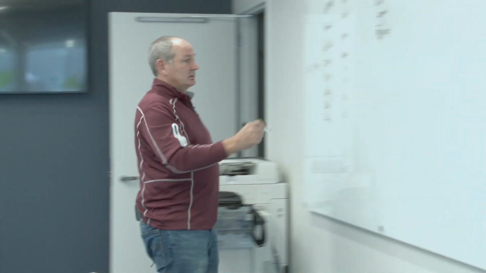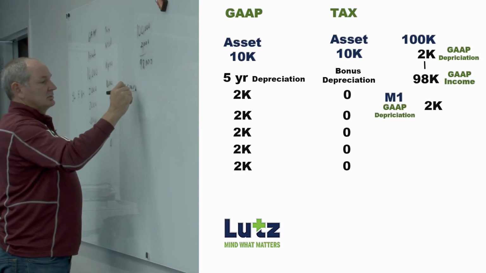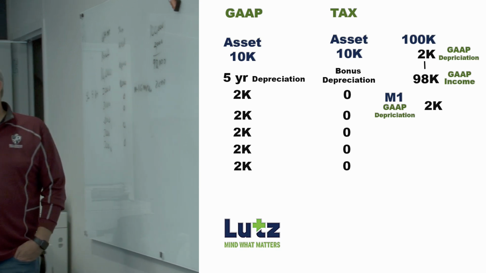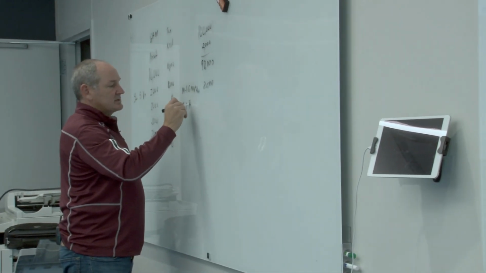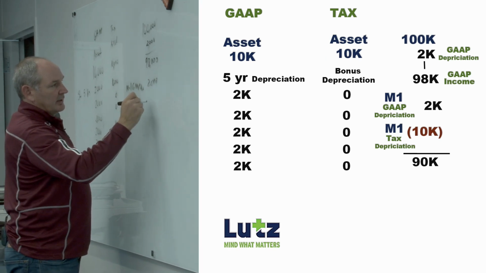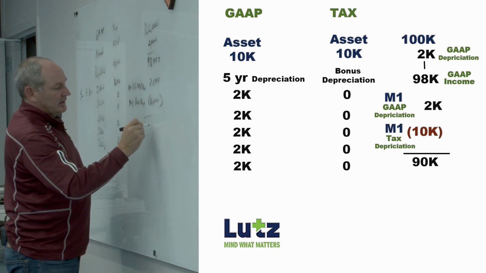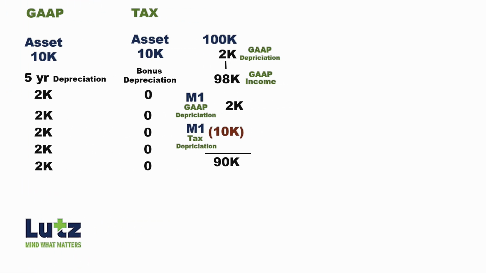I'm going to back out, take an M1 for GAAP depreciation, and I'm going to add back that $2,000 because I don't want it in that number anymore. I'm going to push aside the GAAP amount out of my tax calculation. And then I'm going to say M1 for tax depreciation. And that's going to be negative 10,000 because that's my depreciation number. My taxable income is $90,000 because I'm using a different accounting method for GAAP than I am for tax.